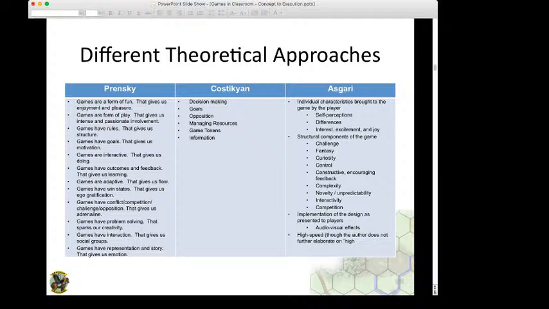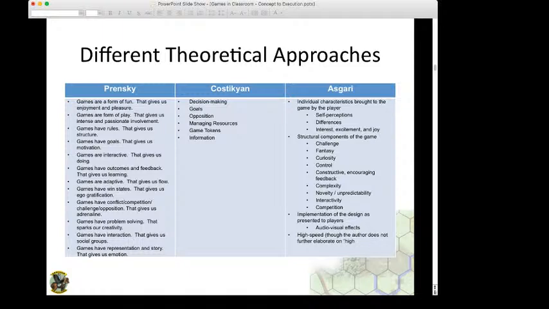Here are some different theoretical approaches to how to define and describe games. This is not to say that one is better than the other or that these are the only three out there. These are just three examples that we're pulling out just to show that there are varying schools of thought on different theoretical approaches to games. Costikyan, obviously, one of the shorter ones there.